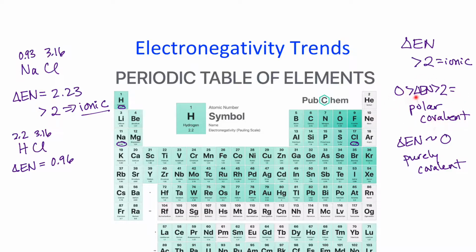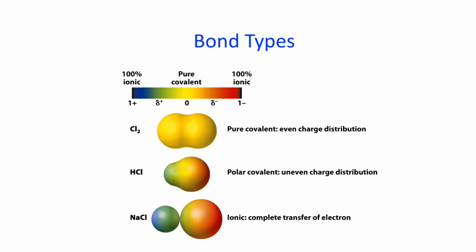We have a difference in electronegativity that falls between 0 and 2. So as predicted, we have a polar covalent bond for HCl.